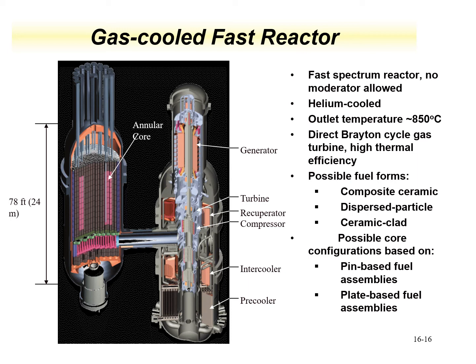The fuels that are used in this are uranium or even plutonium materials that are ceramic. They can be particulates that are dispersed, or they can be a ceramic clad. And some possible configurations include pins or plate assemblies.